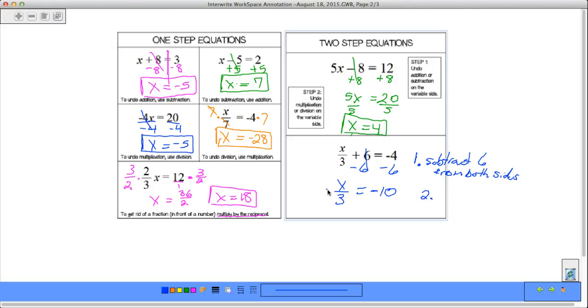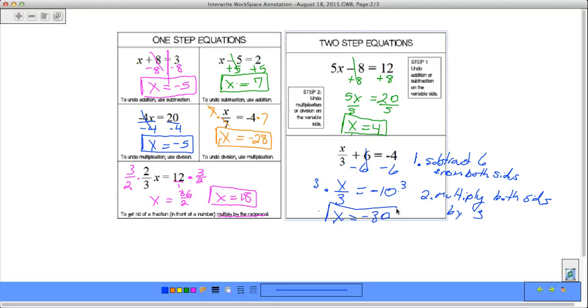So to undo division, I need to multiply. I'm going to multiply both sides by 3, which will give me x equals negative 30.